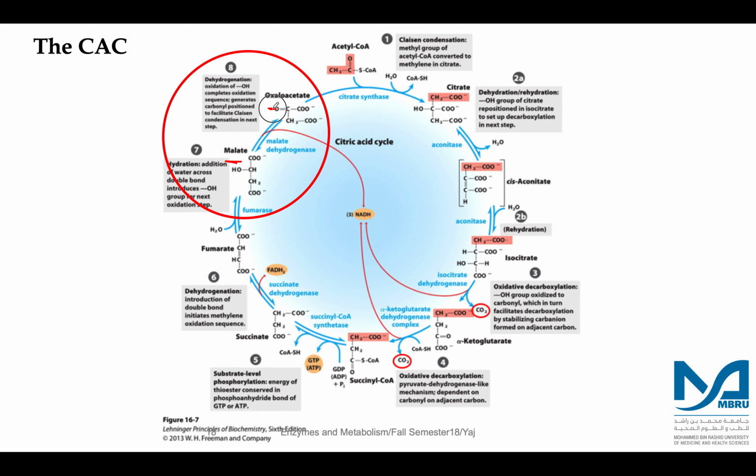Once oxaloacetate is regenerated in the cycle, it will combine with another molecule of acetyl coenzyme A in the presence of the enzyme citrate synthase and get converted to citrate. So, in order for the cycle to keep on continuing, I need to have oxaloacetate.